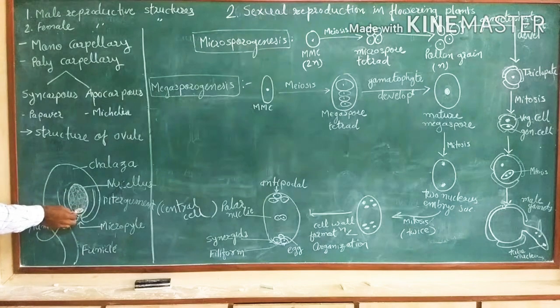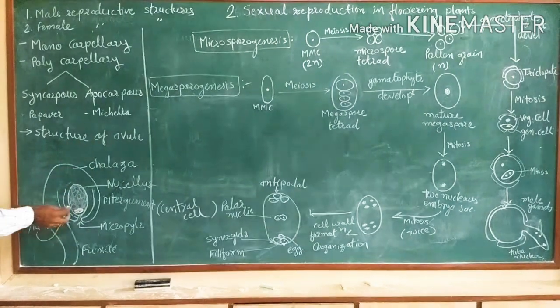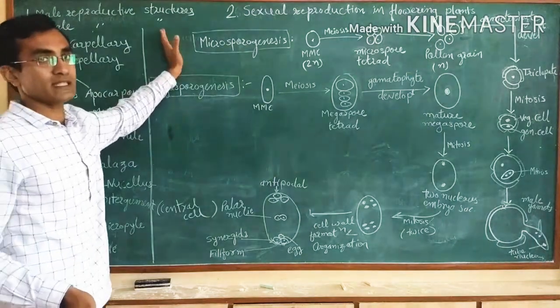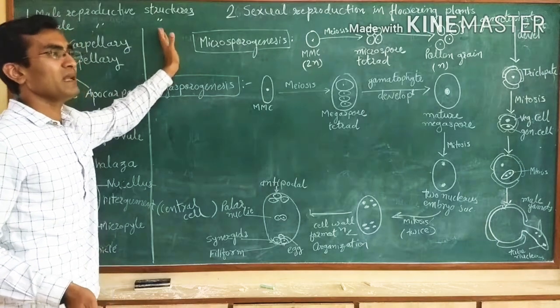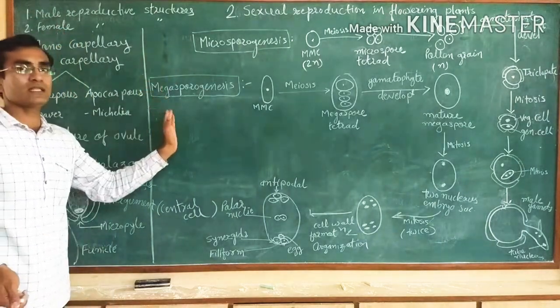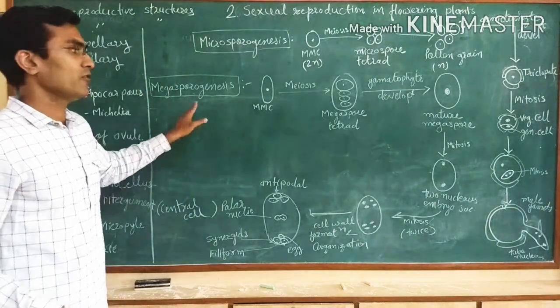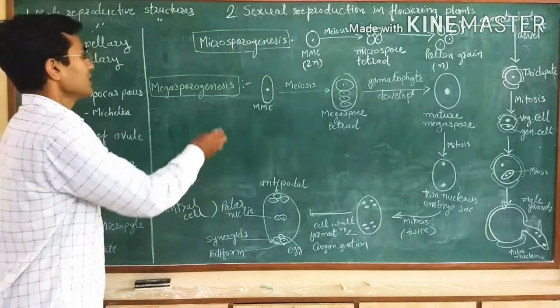Development of megaspores from the megaspore mother cell is called megasporogenesis. Microsporogenesis takes place in male parts, and megasporogenesis is a part of the female reproductive system.